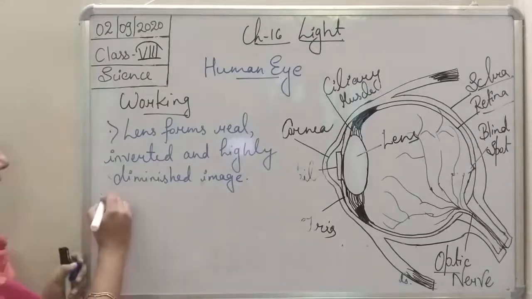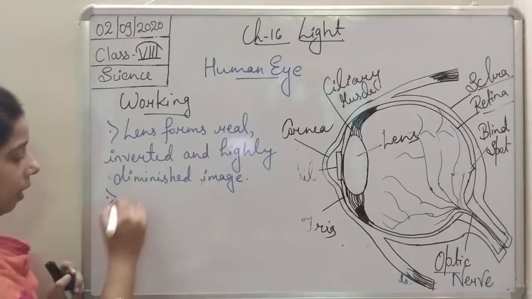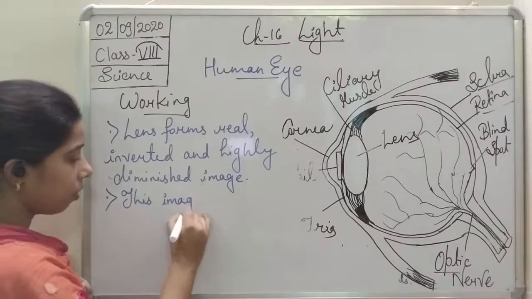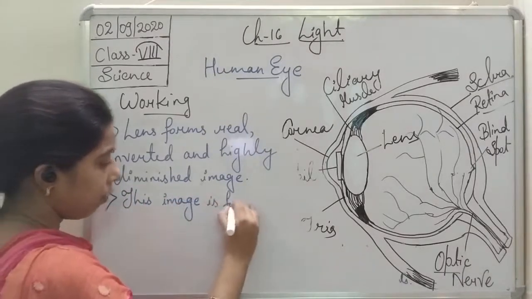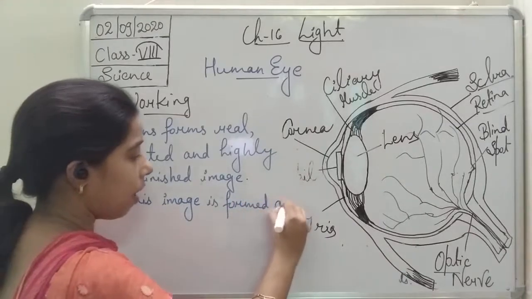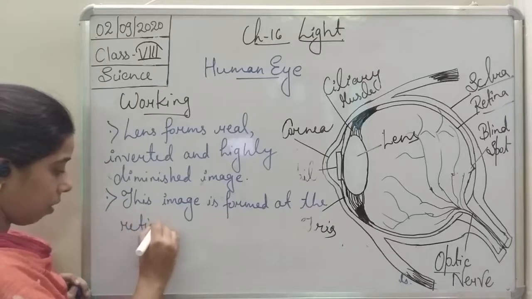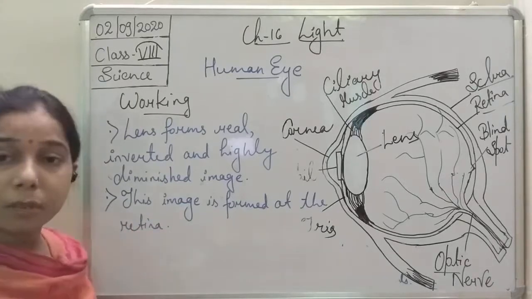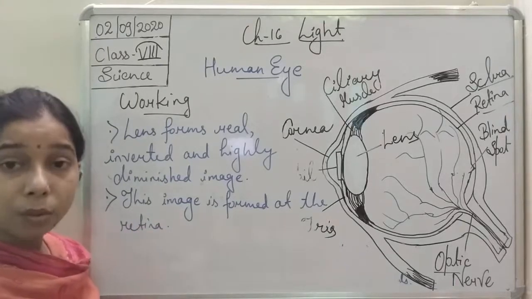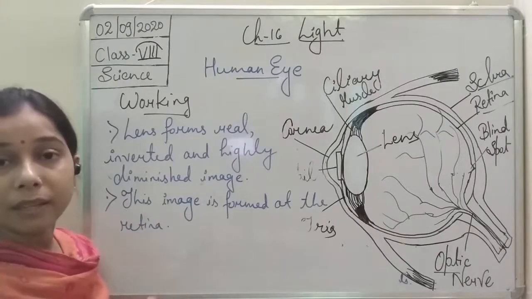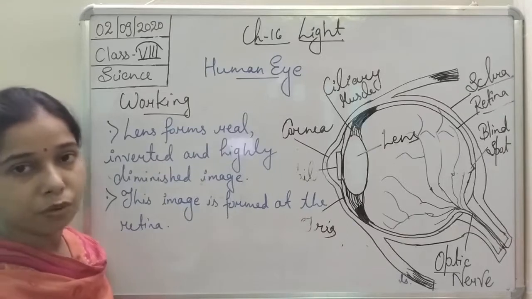Okay, so you see here, this image is formed at the retina. Now the signals present at the retina will be carried by the optic nerve to the brain.